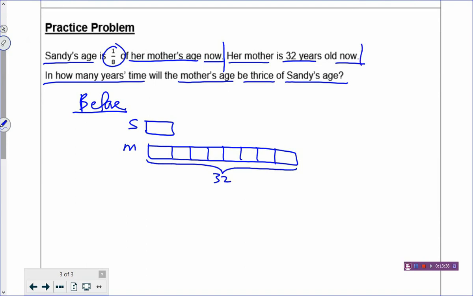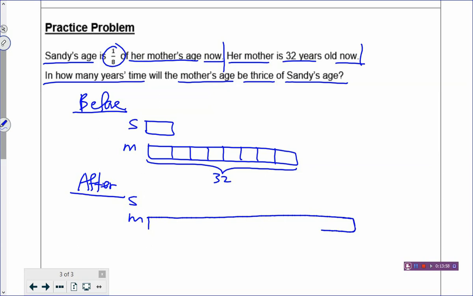Now, in how many years time will the mother's age be 3 times of Sandy's age? Now, with some logical thinking, you will agree that their rectangles will become longer because they will get older. So, in how many years time will the mother be 3 boxes? You're going to draw a rectangle for the mother which is longer than before and cut into 3 boxes.